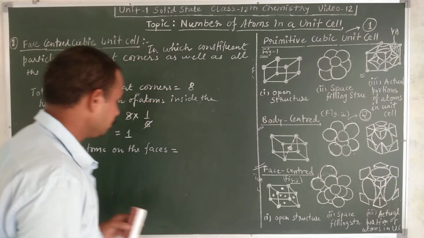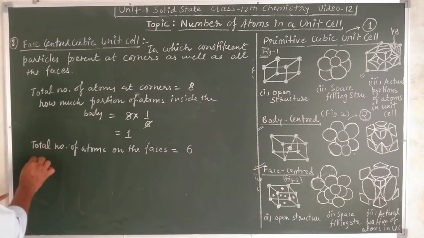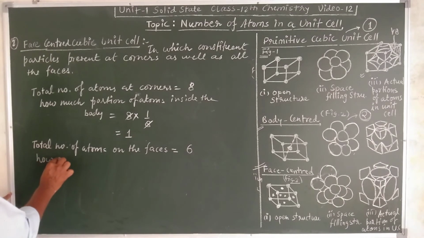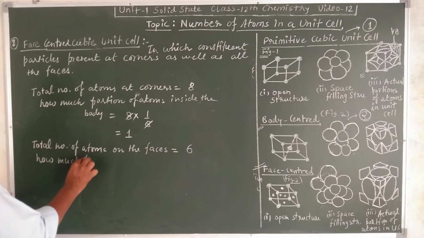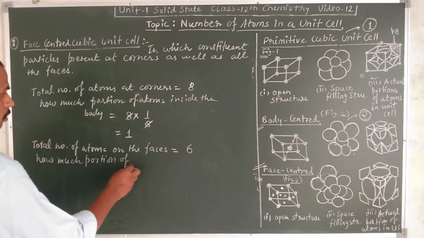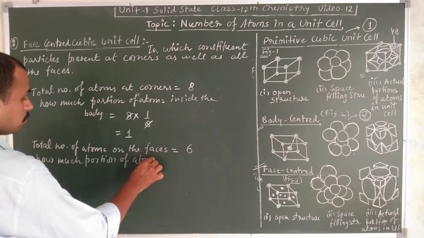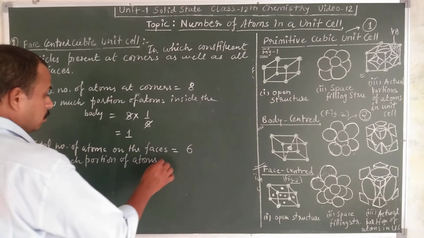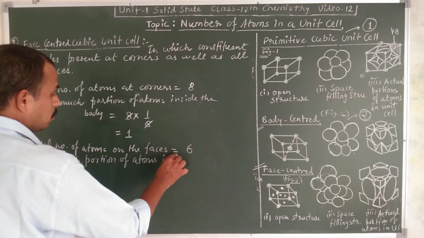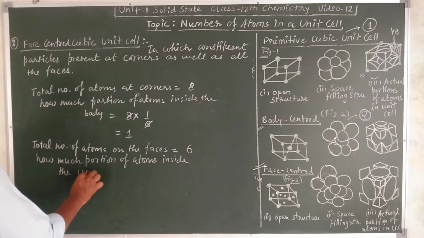There are 6 faces, so 6 atoms present. How much portion of atoms inside the unit cell?